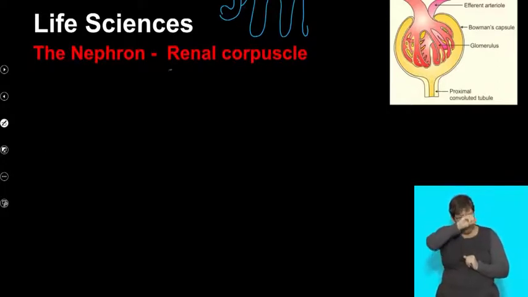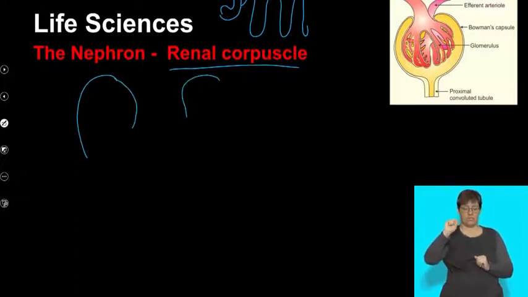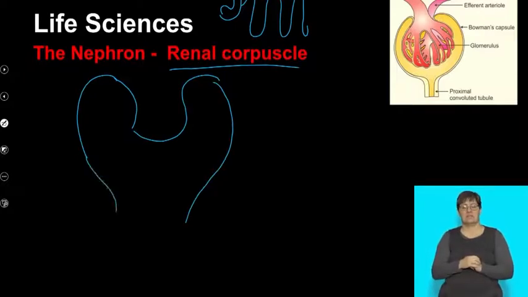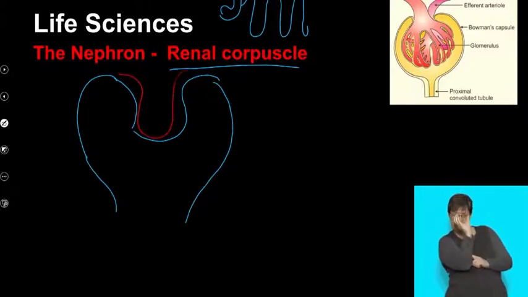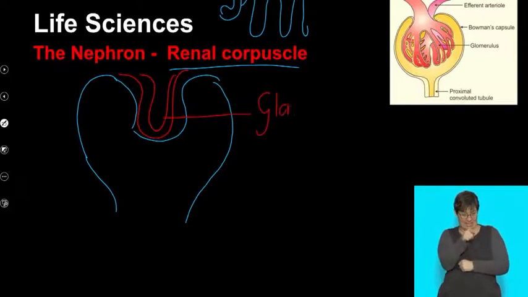The first thing is called the renal corpuscle. The renal corpuscle is the C-shaped part of the nephron. And inside it, we're going to have this very convoluted blood structure. And that is going to be called the glomerulus.